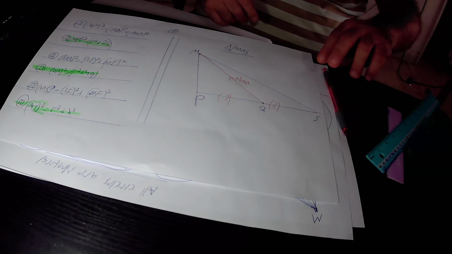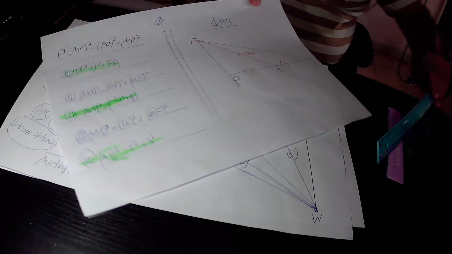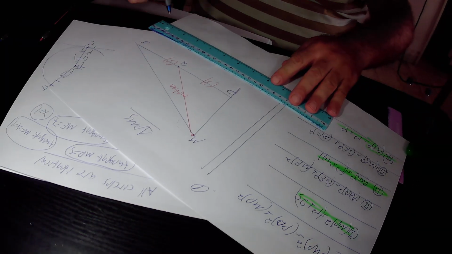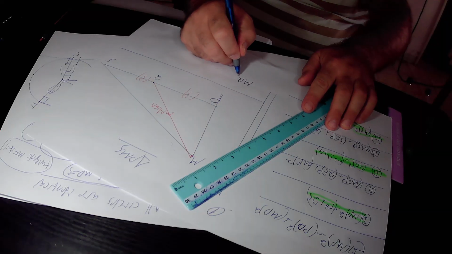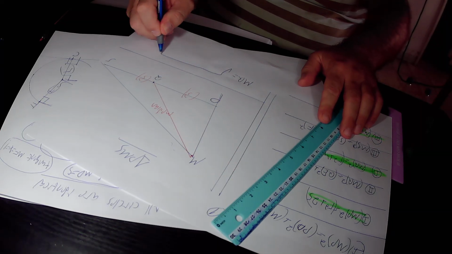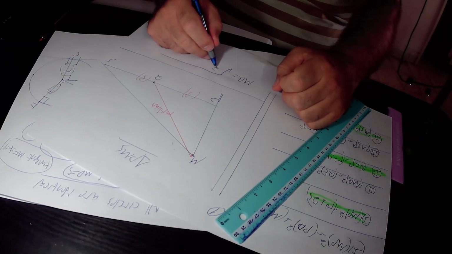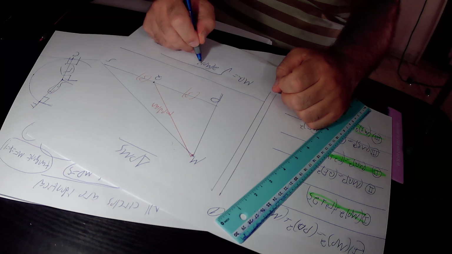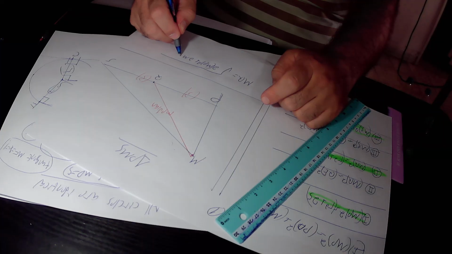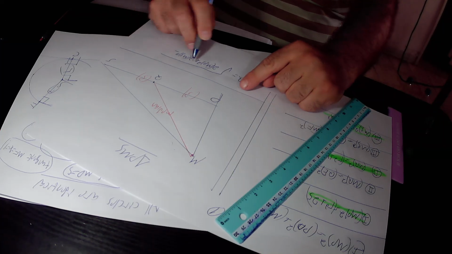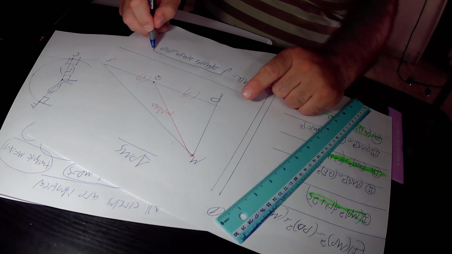According to the new formula, the length of the median MQ will be equal to the square root of (2 times MP squared plus 2 times MS squared minus PS squared) divided by 2.